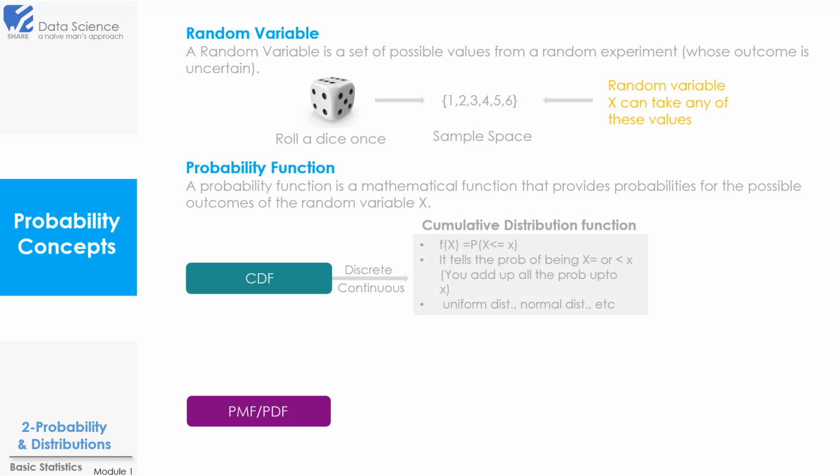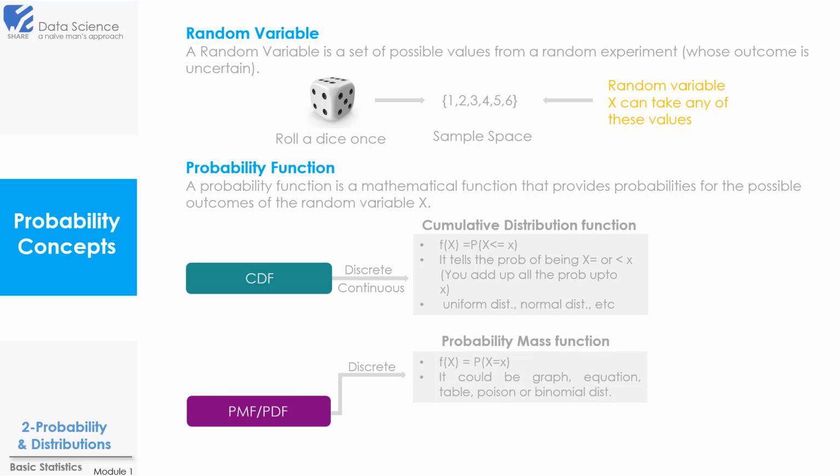Now in the case of CDF, whether a random variable is discrete or continuous, it is given as F(x) equal to the probability of capital X, that is the random variable, being less than or equal to small x, which means any value of x. Now it could be a uniform or normal distribution, etc. We will learn these distributions in the upcoming slides. We will also see one example of CDF in a while, but before that let's understand what PDF or PMF is.